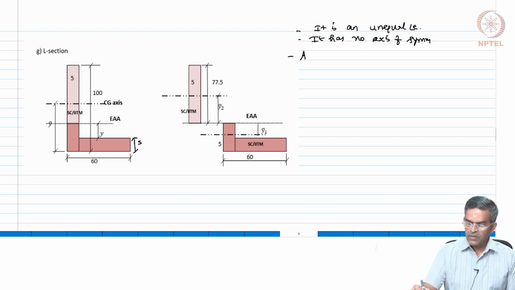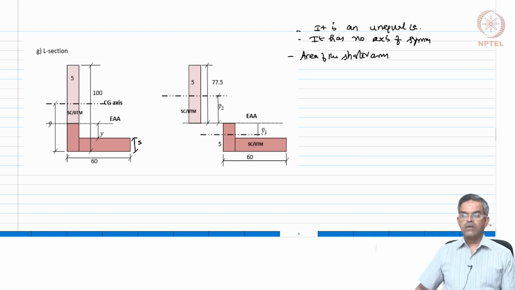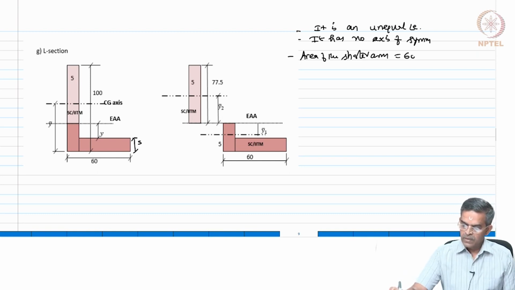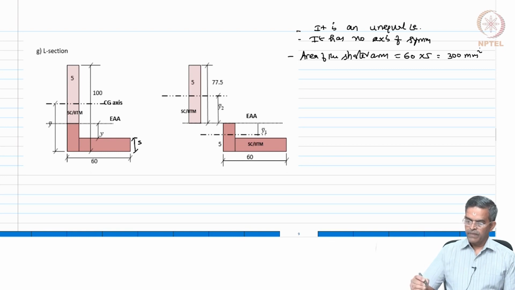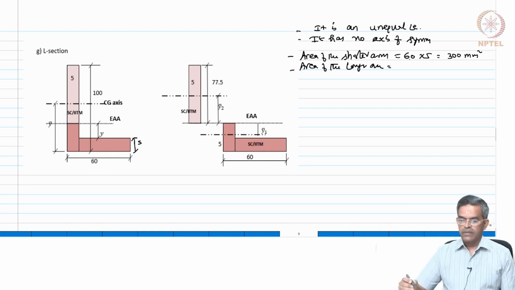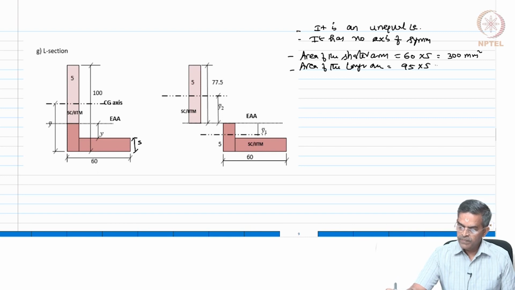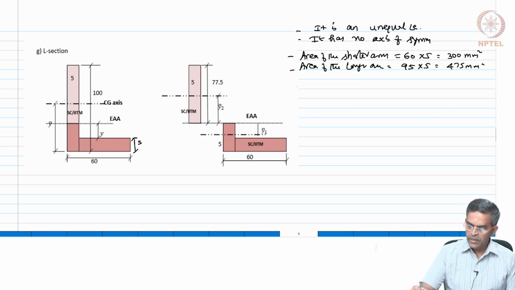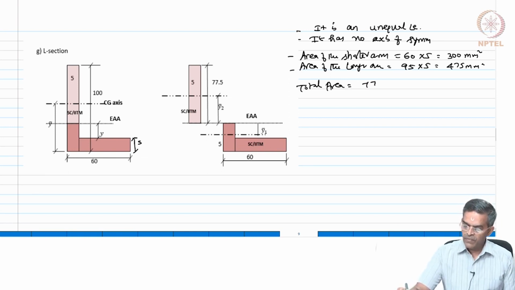So, let us find out the area of the shorter arm. The area of the shorter arm is 60 into 5. The area of the longer arm is 95 into 5. The total area is 775 mm square.